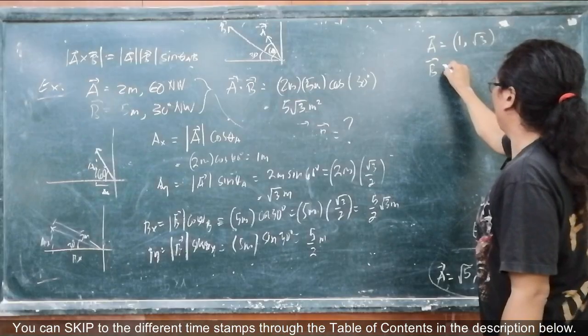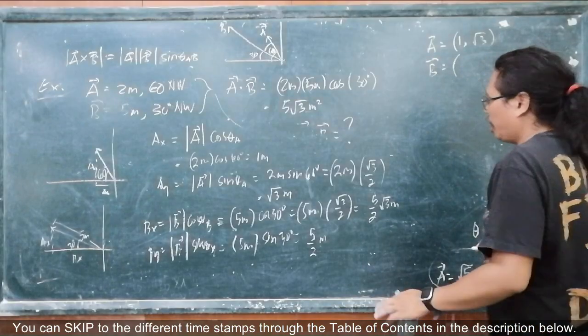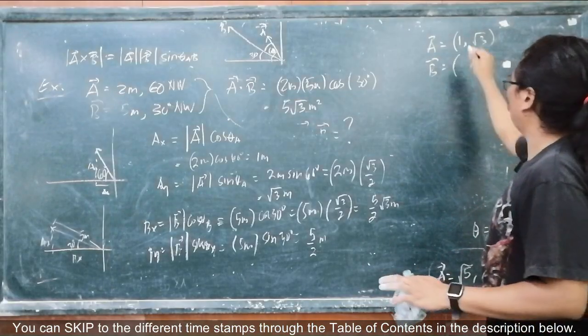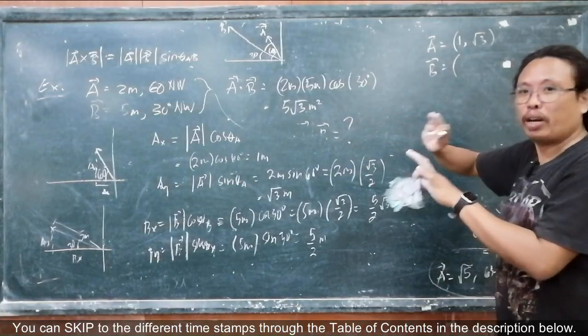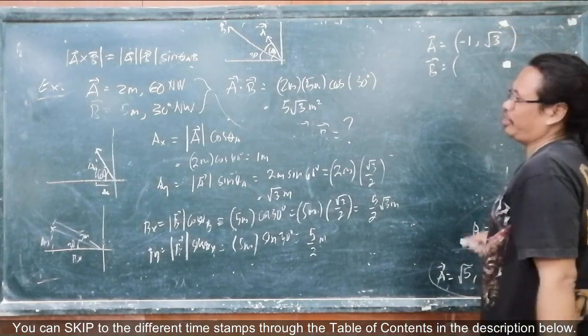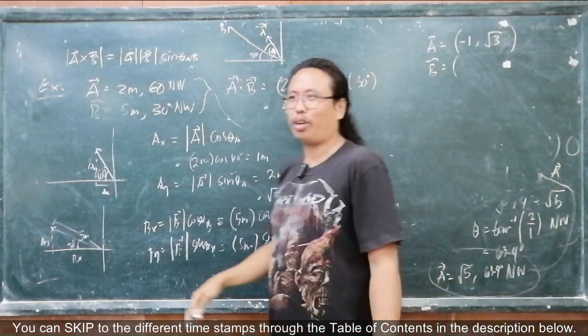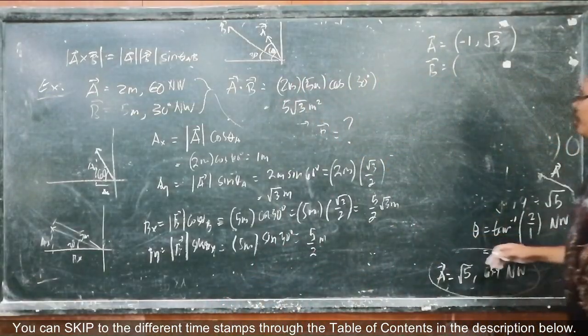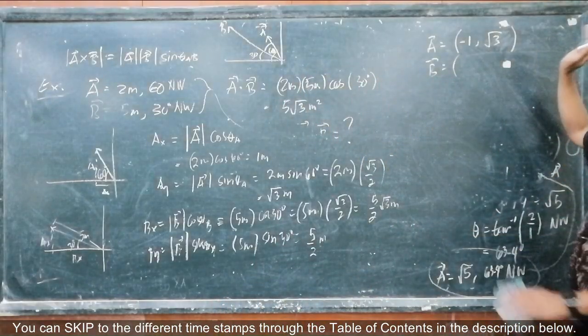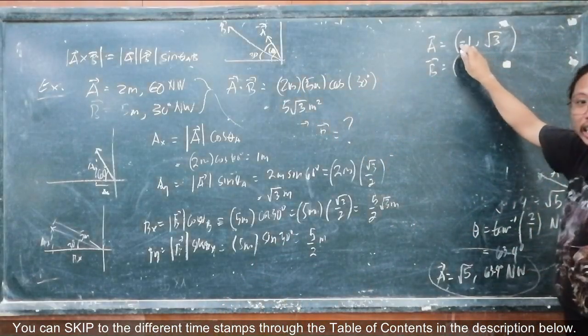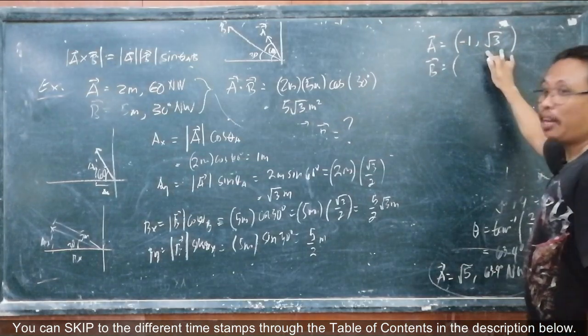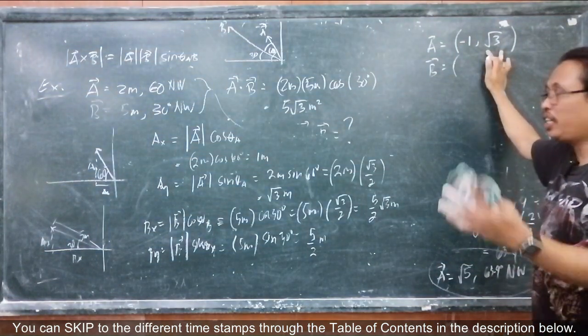How about B? Sorry, what quadrant are we in? We are in the second quadrant, so take note of that. Since we are in the second quadrant, x will be negative and y will be positive.